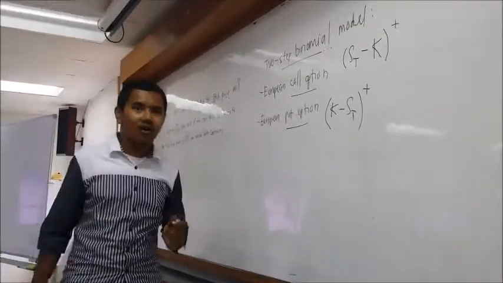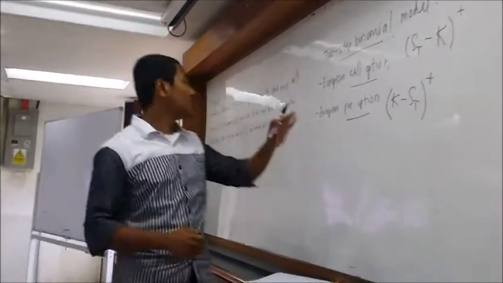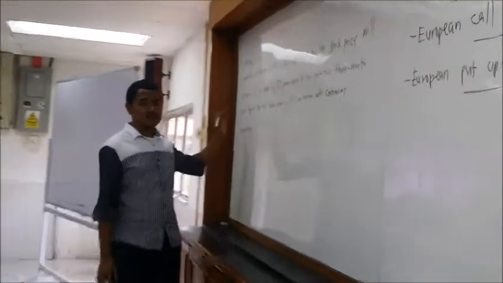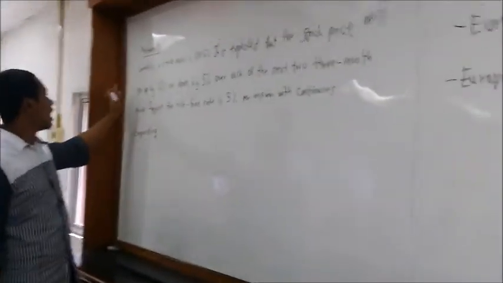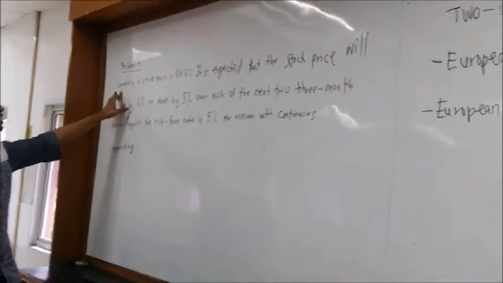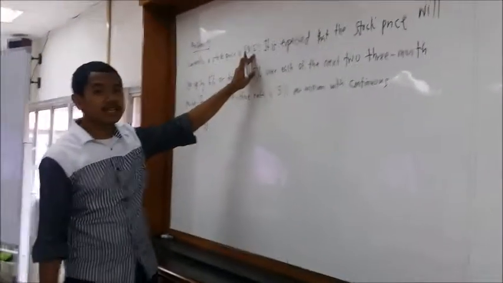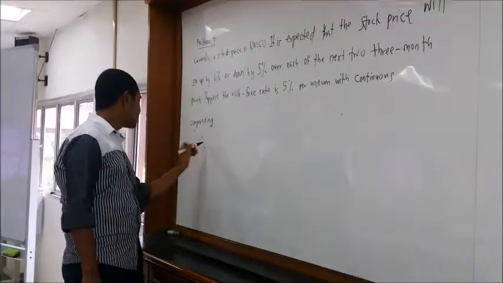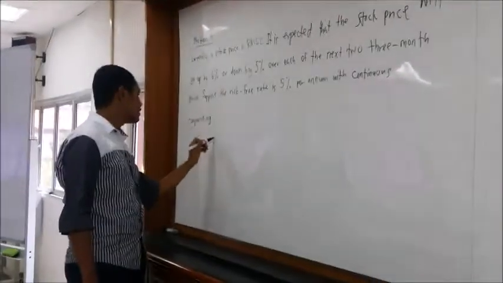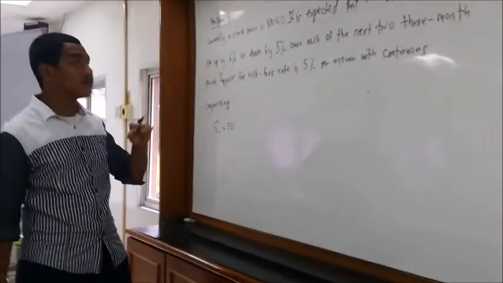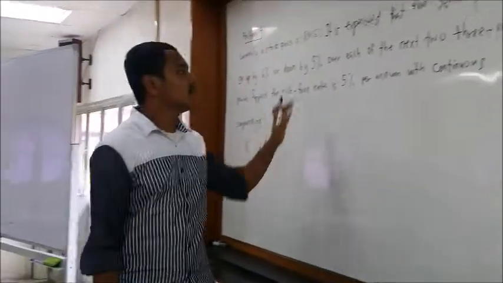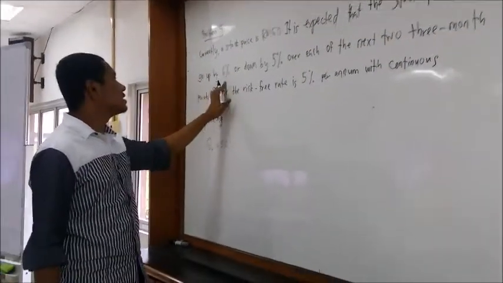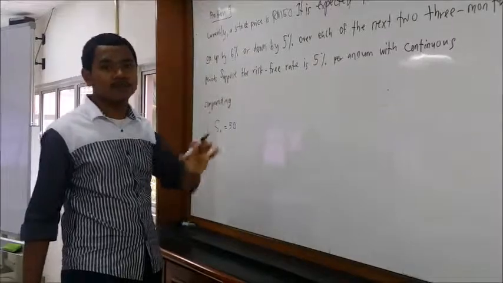For more understanding, we go to the question. It says that currently the stock price is 50, which is S0, denoted for the stock price. It is expected that the stock price will go up by 6% and down by 5%.